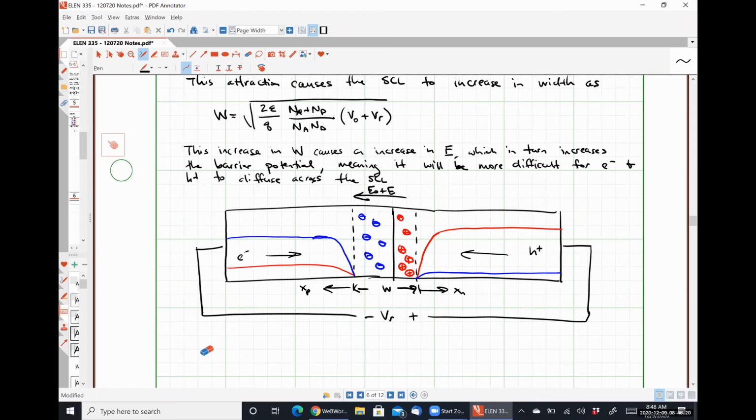So diffusing minority carriers are swept through, so a high amount of energy is imparted to them.